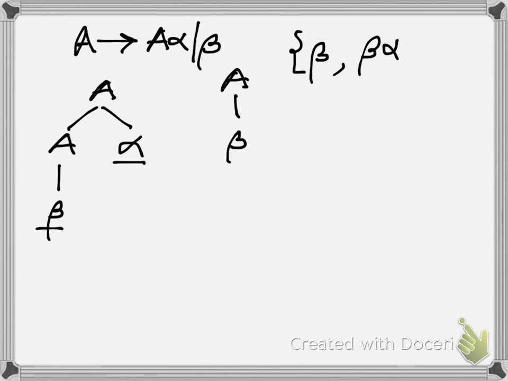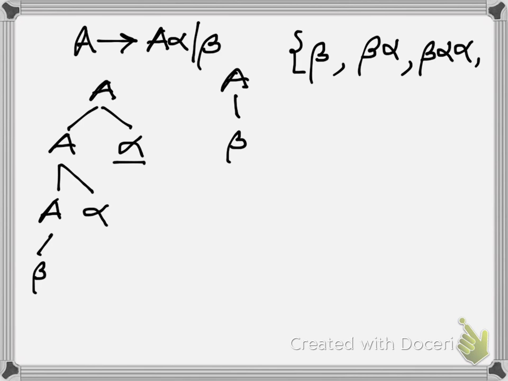Or instead of using beta here, I will again expand this as A alpha, and then I may choose beta, so I get beta alpha alpha.